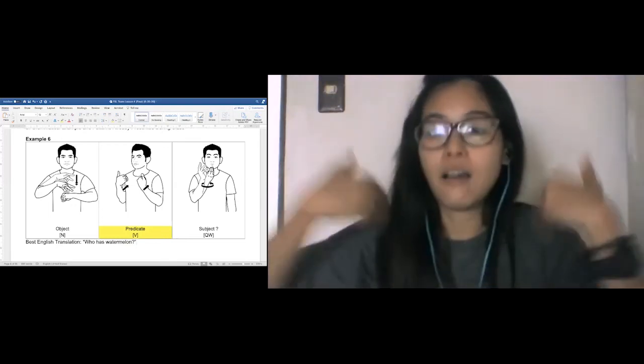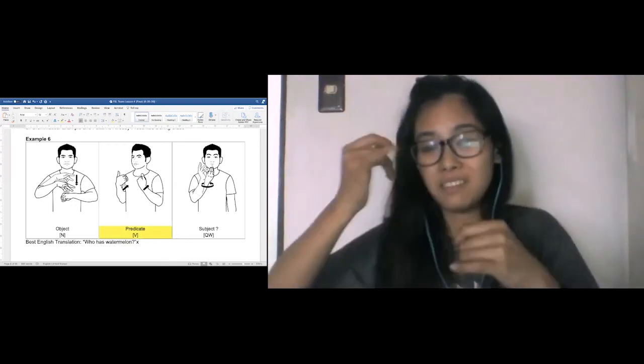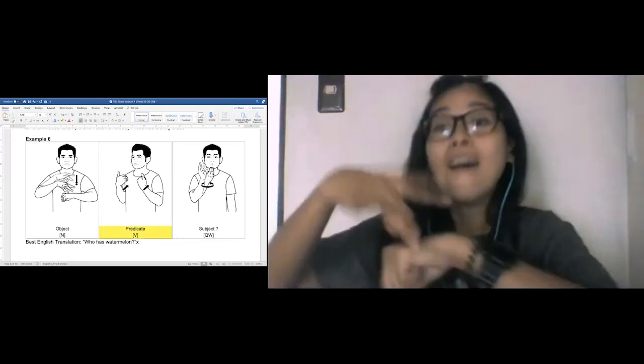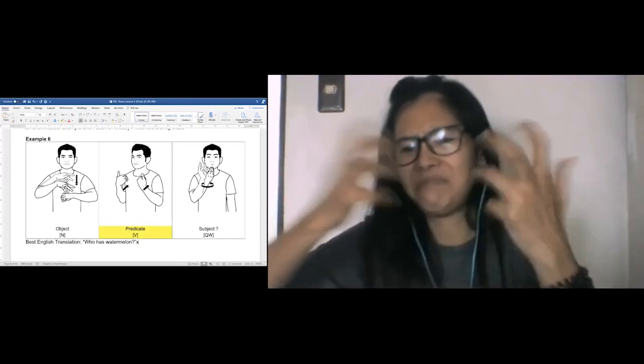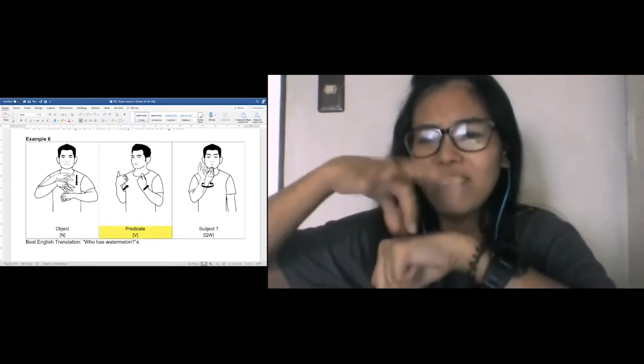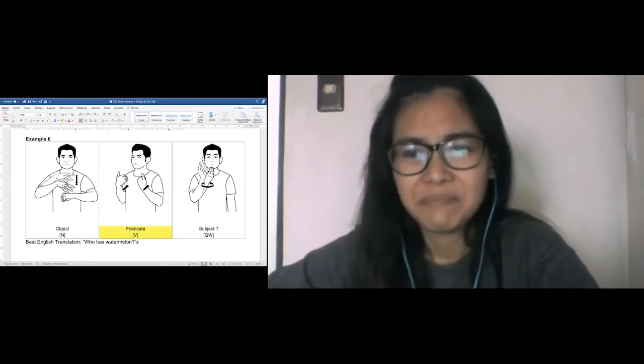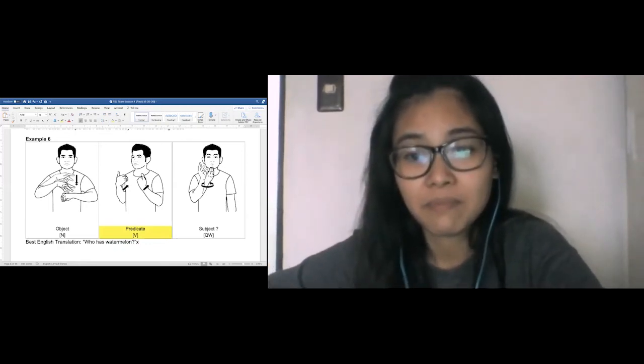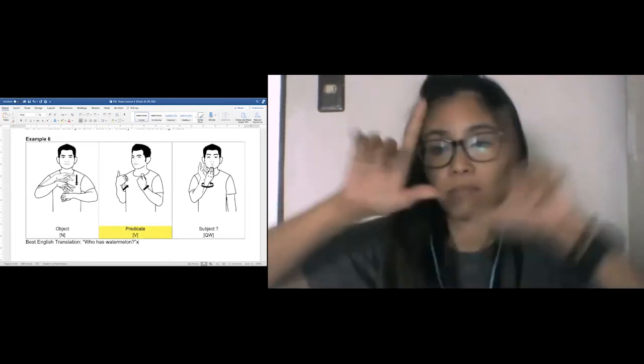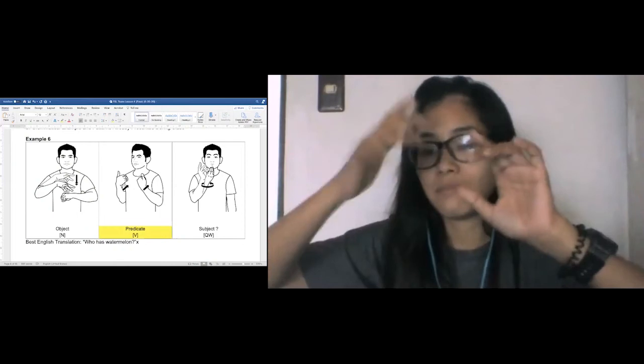So we don't put the NMS here, we just put the manual. But do you have both the manual and the non-manual, or you don't have any non-manual with this? Sorry, we'll do spotlight.